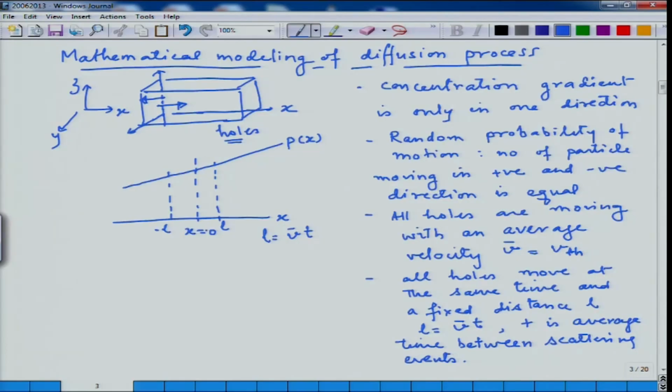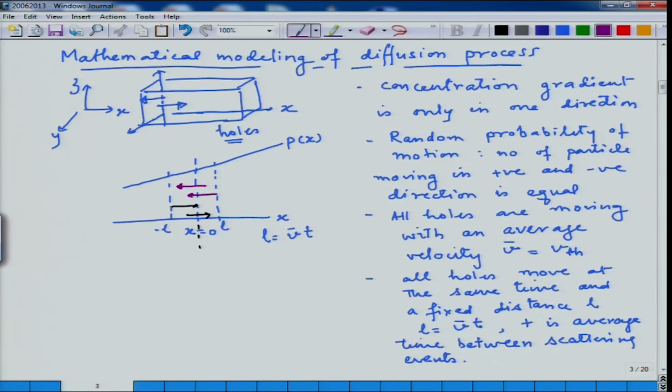Which means that if all carriers start to move at the same time, a hole which is here would have moved across this boundary in that time t, and something which is here would have also come across this boundary in time t in this direction. By the same token, the carriers would have moved across the boundary in the opposite direction as well.